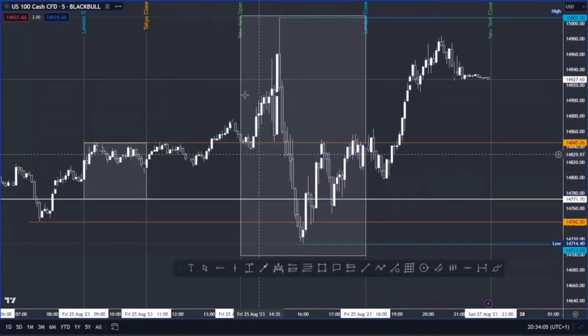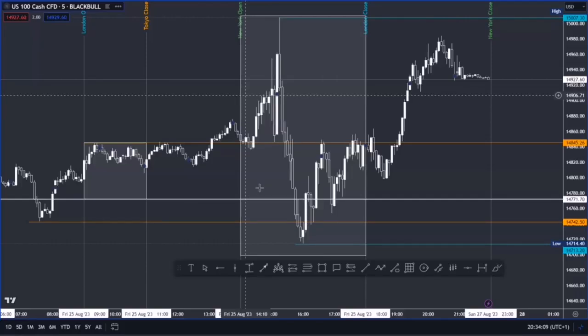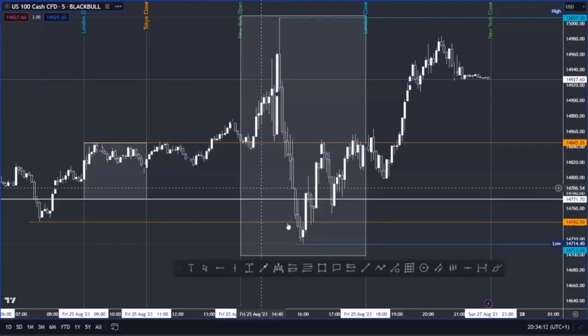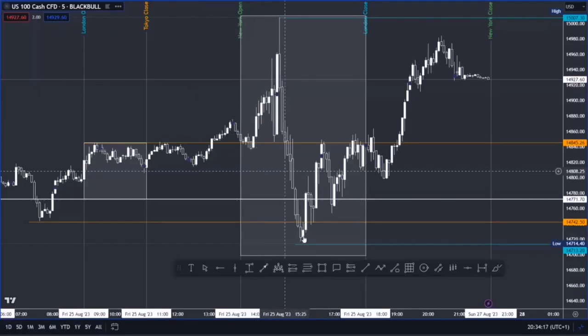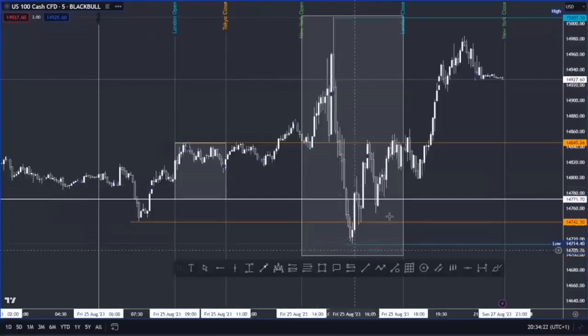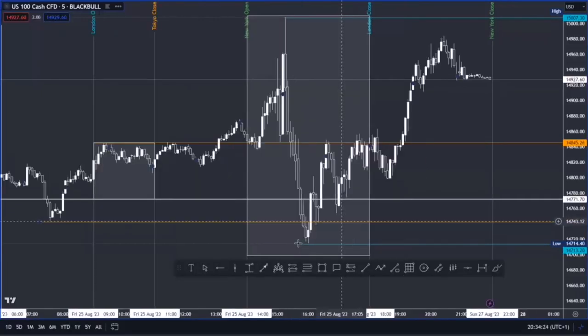It taps into the Asia high, and then it continues to expand at a much larger range. Even this one over here does exactly the same thing, as you guys can basically see. This one comes to this low, the low takes out the low of the Asia session, and it just expands higher.